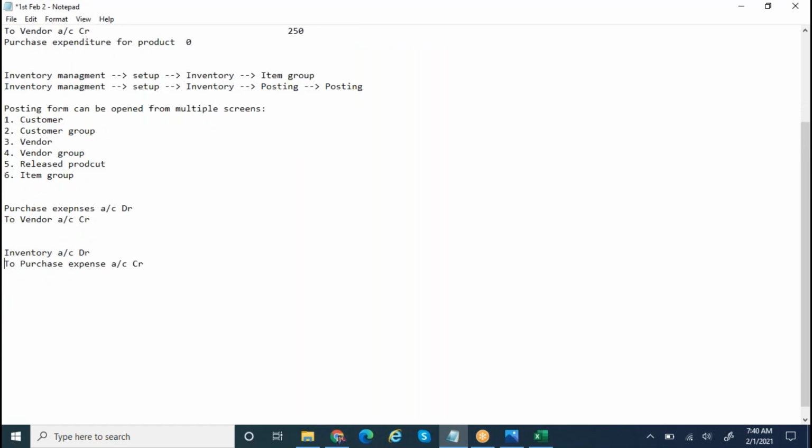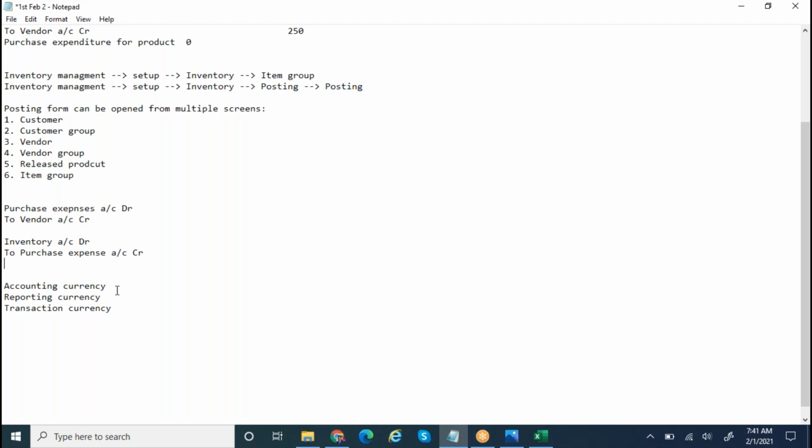Whenever you are posting any transaction, it is posted in three currencies.